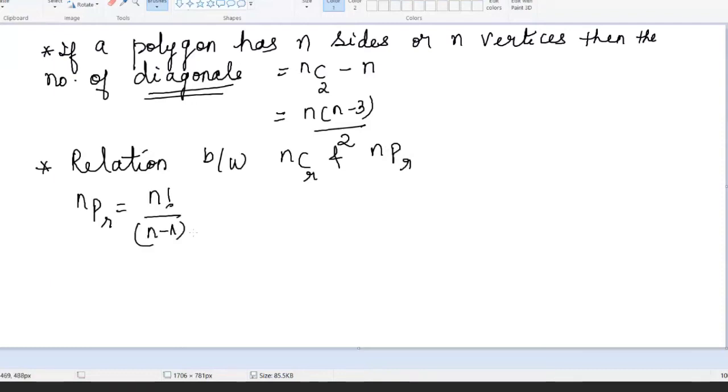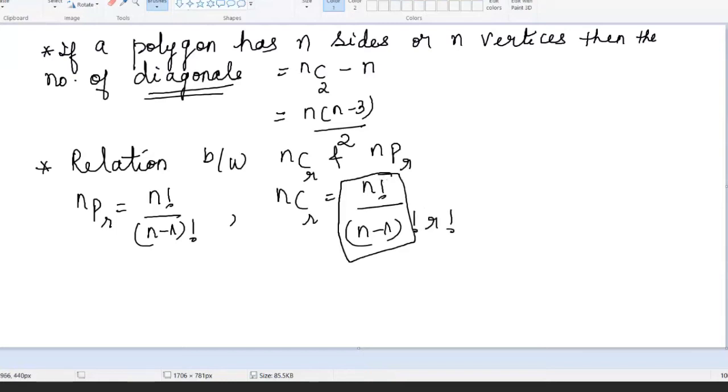What is the NCR formula? N factorial by N minus R factorial into R factorial. So this part I can write as NPR. So NCR can also be written as NPR, and what is extra? By R factorial. So this is one thing you can understand and remember.